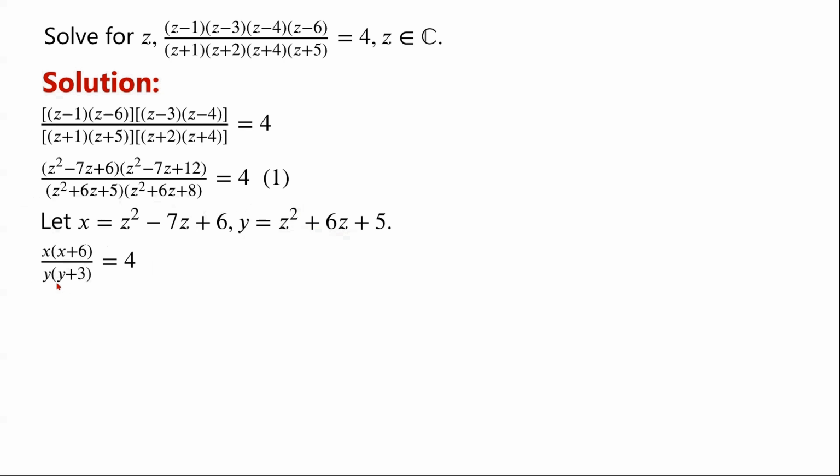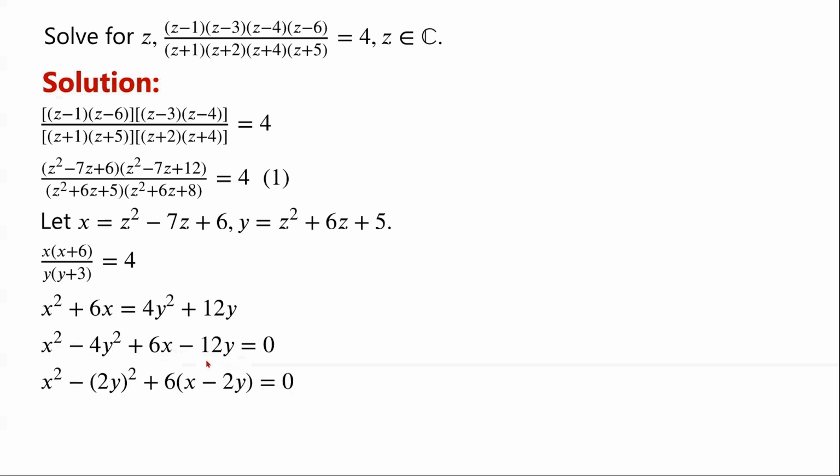Finally, we multiply the equation by the new denominator. This allows us to write the relationship as x squared plus 6x equals 4y squared plus 12y. By rearranging the equation, we can write x squared minus 4y squared plus 6x minus 12y equals 0.